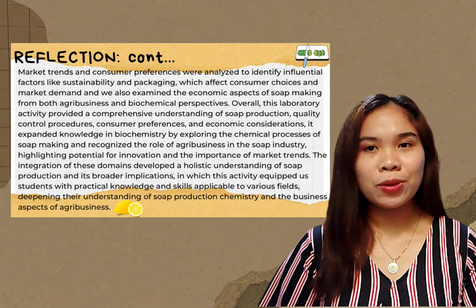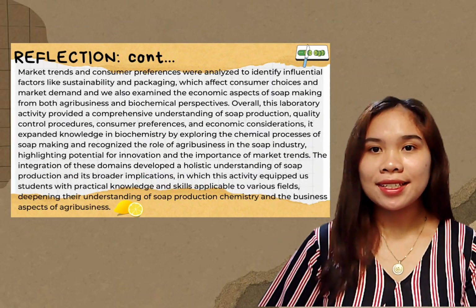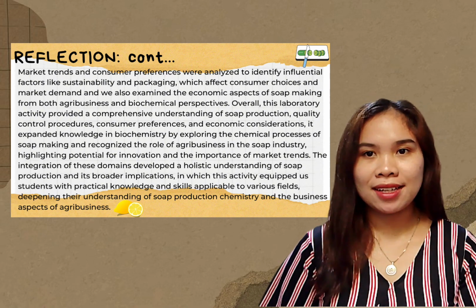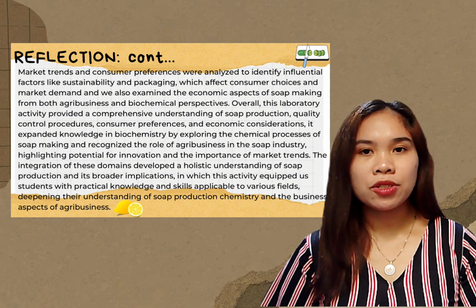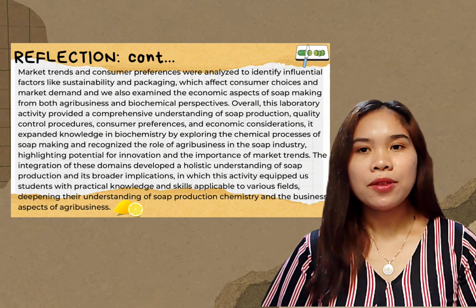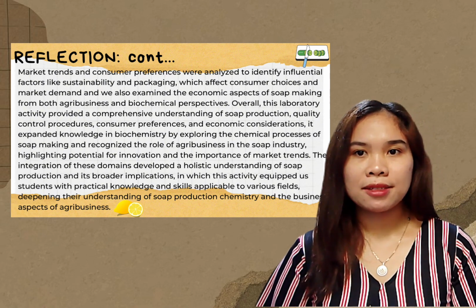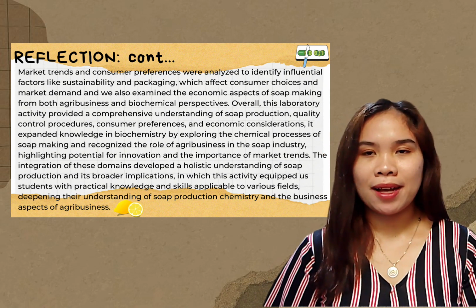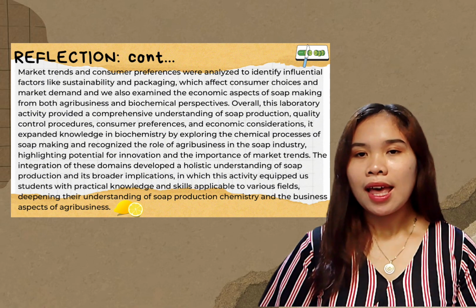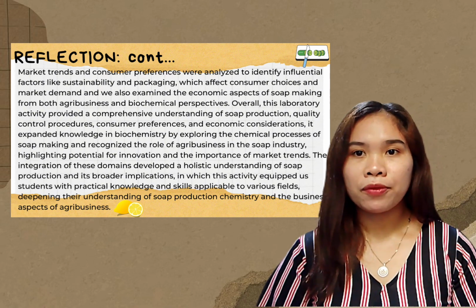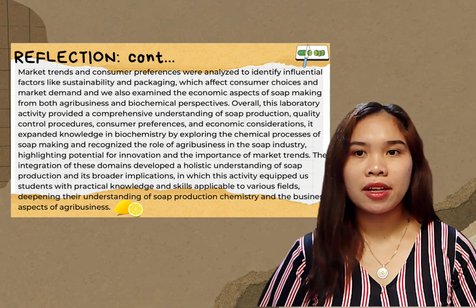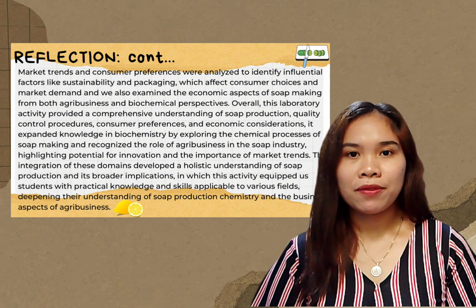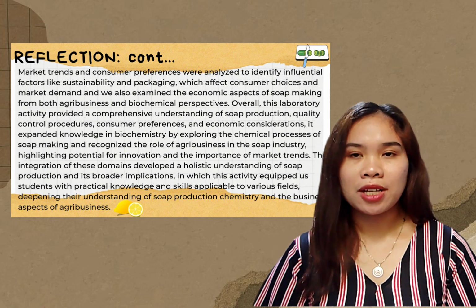Market trends and consumer preferences were analyzed to identify influential factors like sustainability and packaging, which affect consumer choices and market demand, and we also examined economic aspects of soap making from both agribusiness and biochemical perspectives. Overall, this laboratory activity provided a comprehensive understanding of soap production, quality control procedures, consumer preferences, and economic considerations.